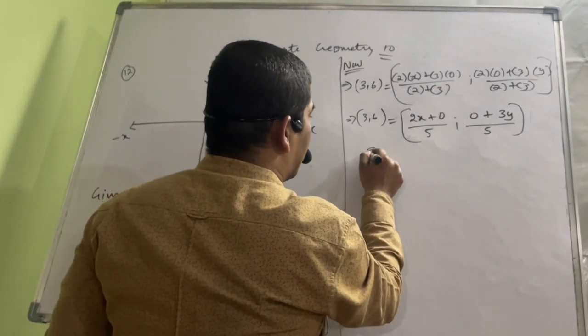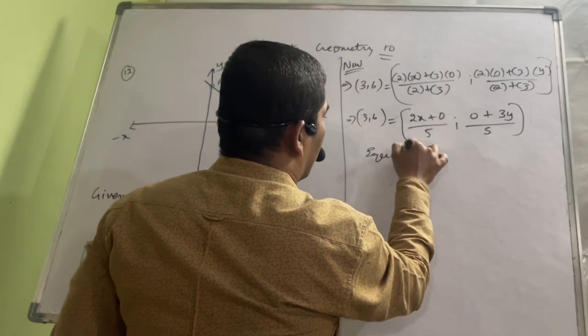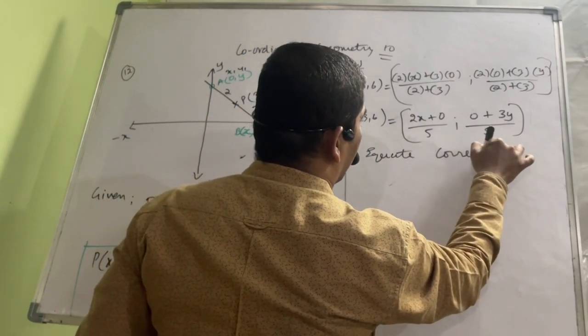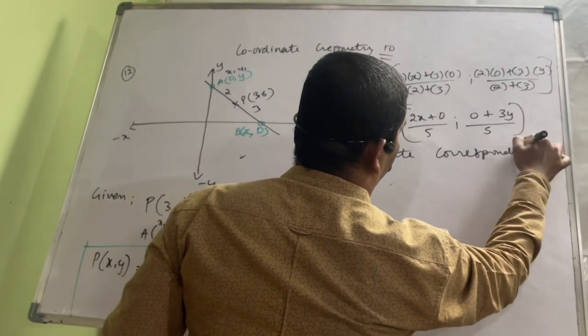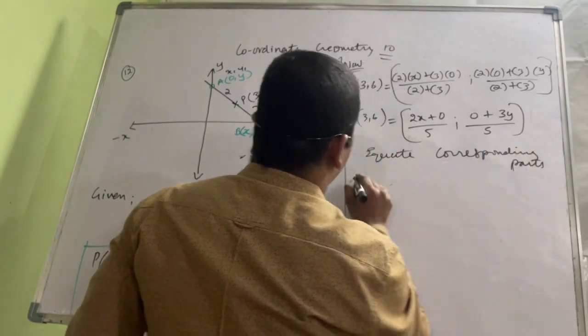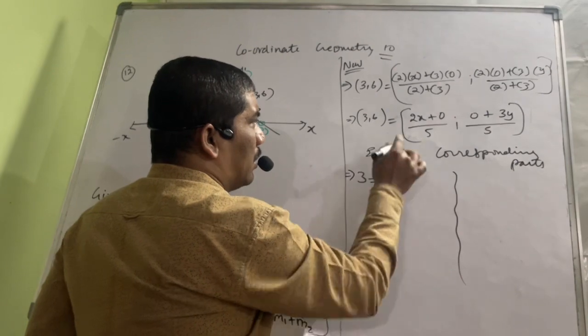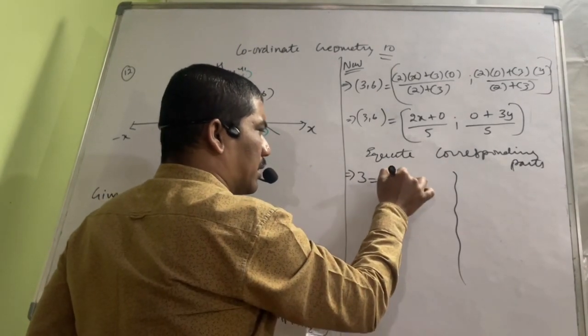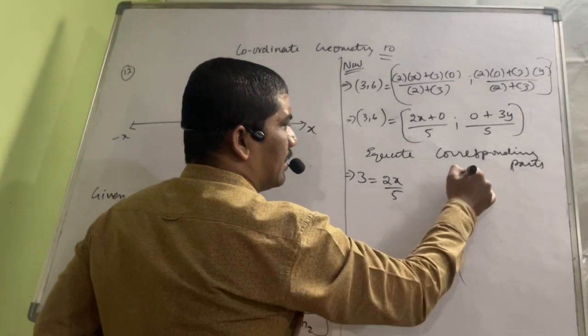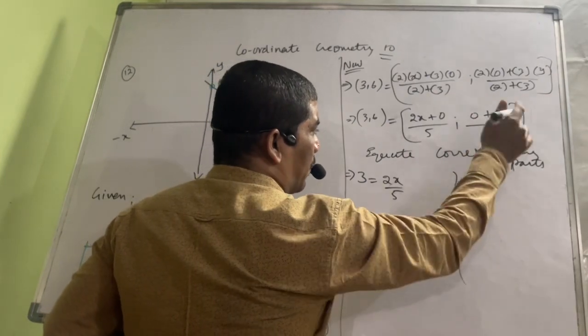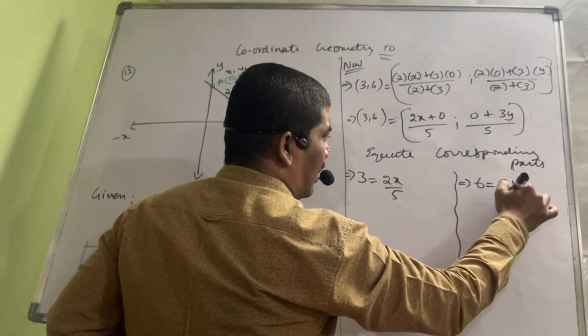Now equate corresponding parts. 3 equals 2x plus 0, 2x only by 5. Here 6 equals 0 plus 3y, 3y by 5.